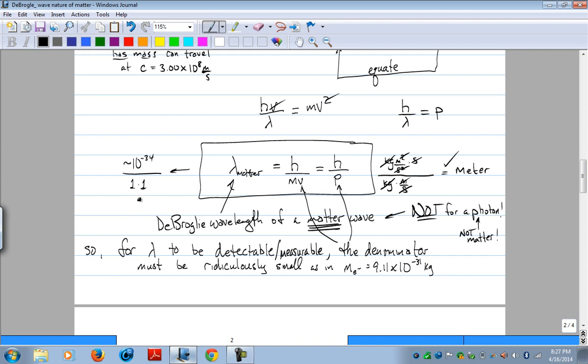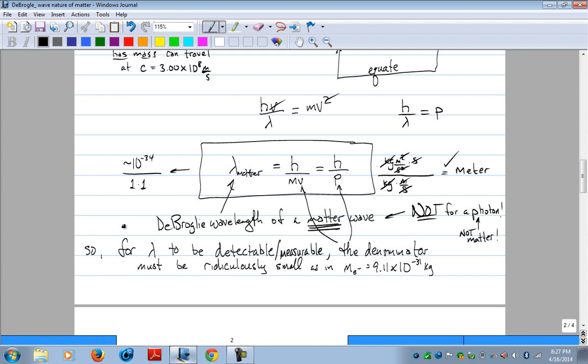The wavelength of that 1 kilogram, let's say a basketball being thrown at 1 meter per second, would be on the order of 10 to the minus 34 meters. And there's no device that could ever detect such a small wavelength. There's no film that could ever measure that insanely small peak-to-peak wavelength.